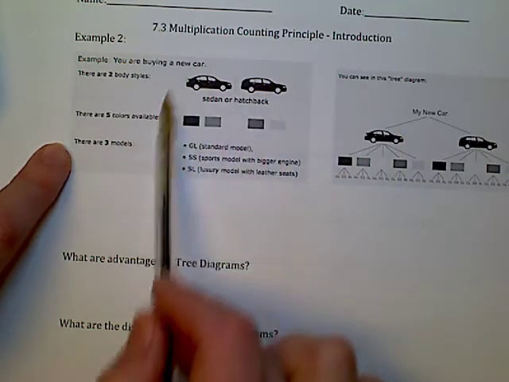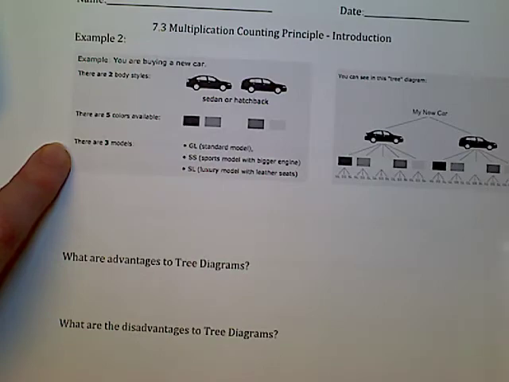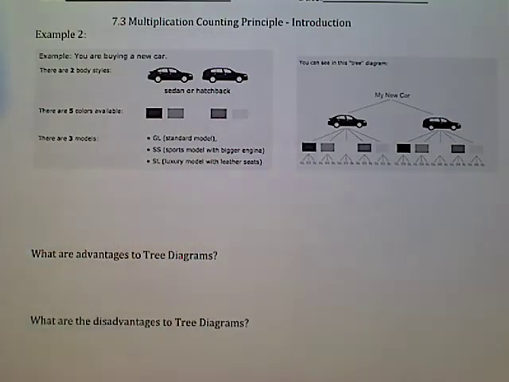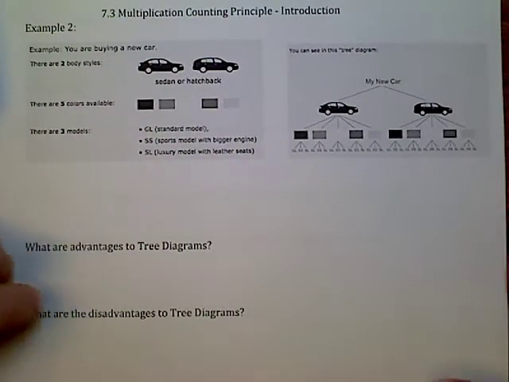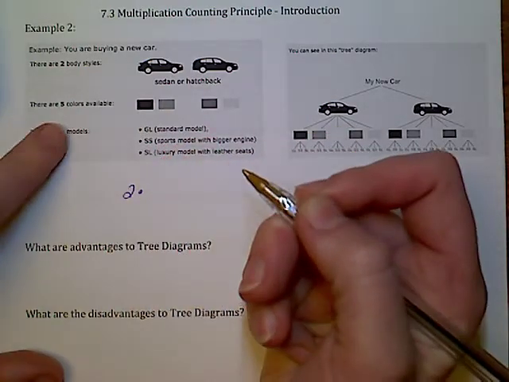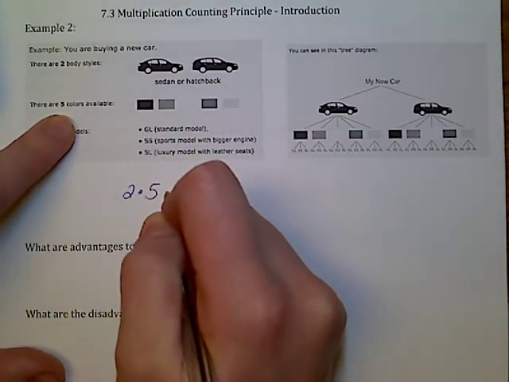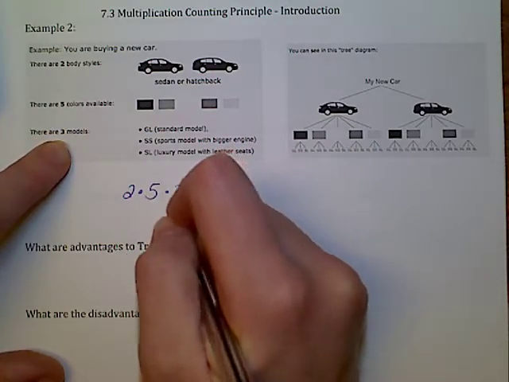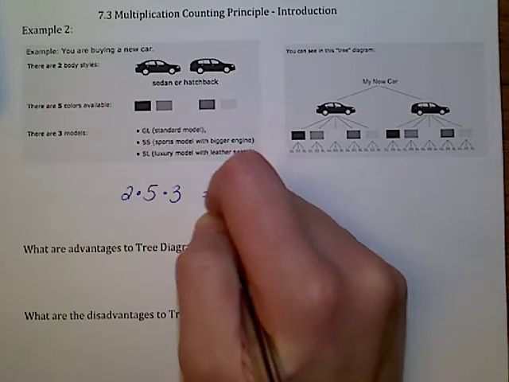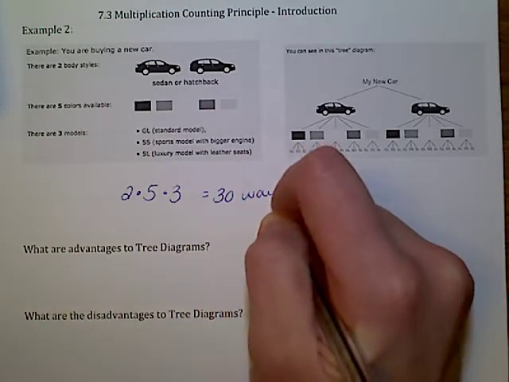Now, if you take this information and turn it into a tree diagram, you can see how many options there are, but you don't necessarily need to do that. You could just do 2 body styles, 2 options, 5 color styles, 5 options, and 3 models. So 2 times 5 times 3. That is, again, just by coincidence, 30 ways.